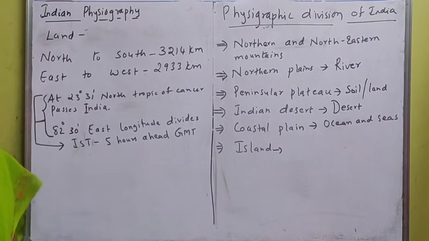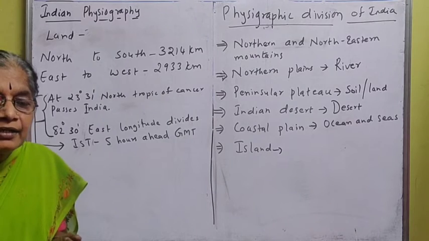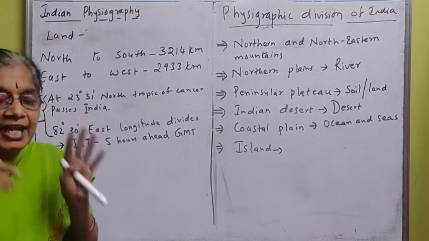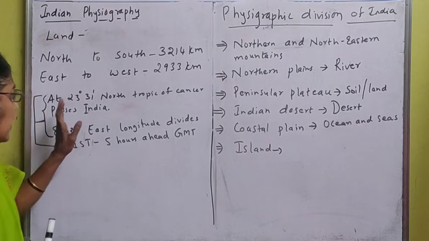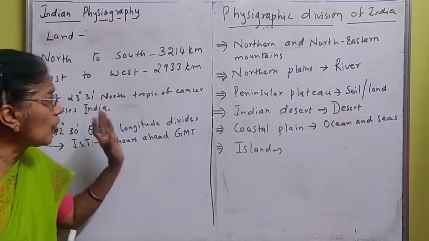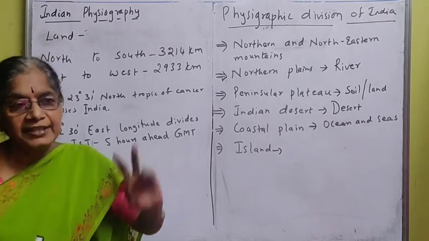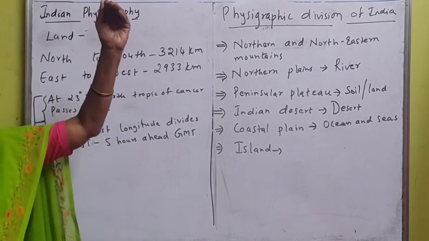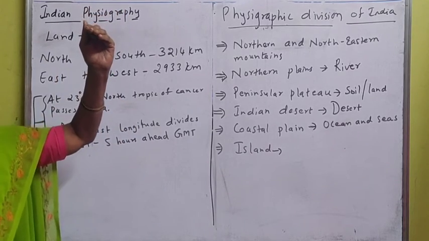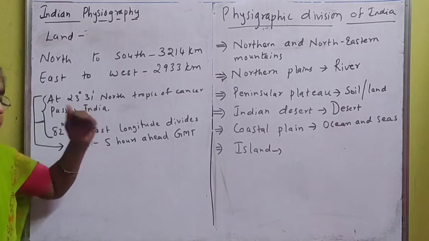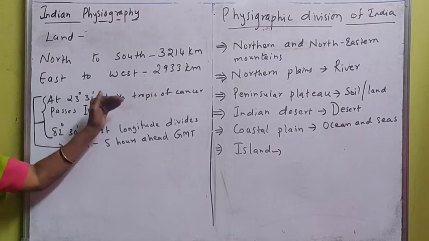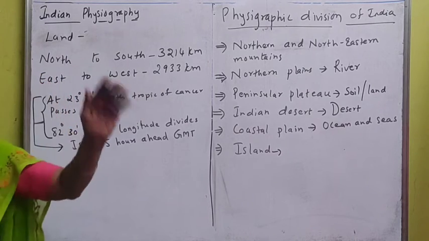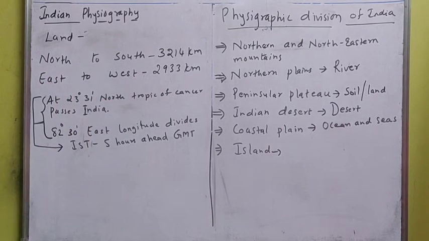So a question can be asked: which latitude passes through India? 23 degree 31 minutes north, Tropic of Cancer. In the north the Tropic of Cancer is there, in the south the Tropic of Capricorn is there. So our India is situated in the north, in the northern hemisphere, so the Tropic of Cancer passes through India.